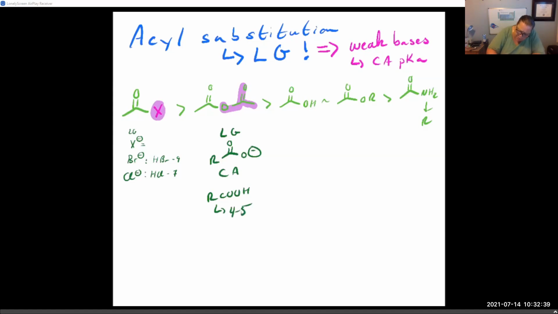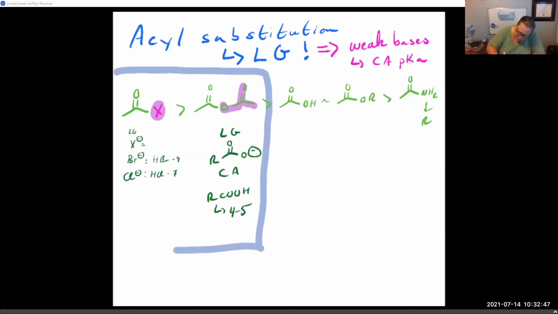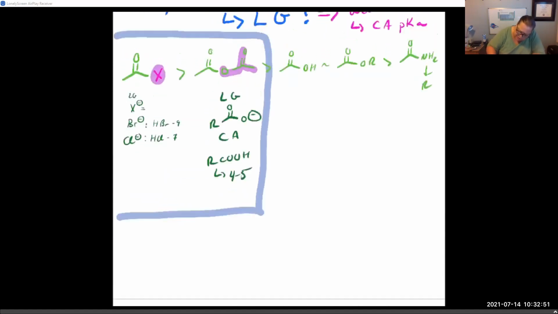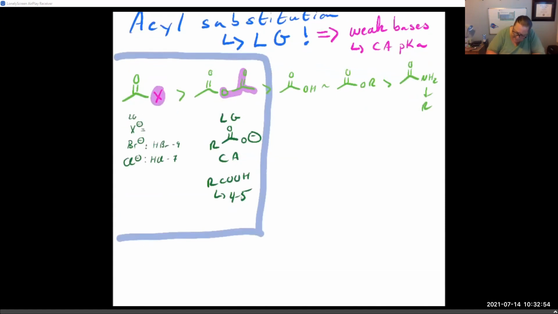And so as far as leaving groups go, these acid chlorides and these anhydrides can undergo acyl substitution without a catalyst.